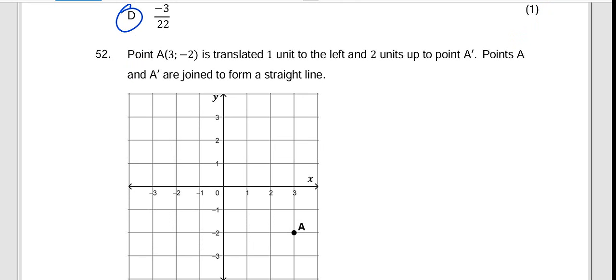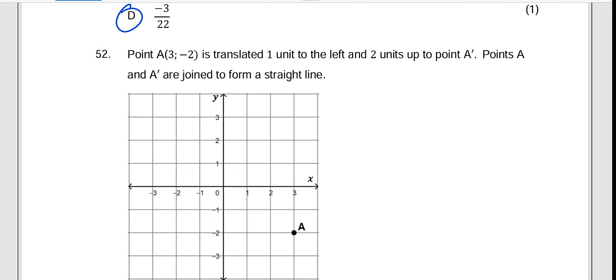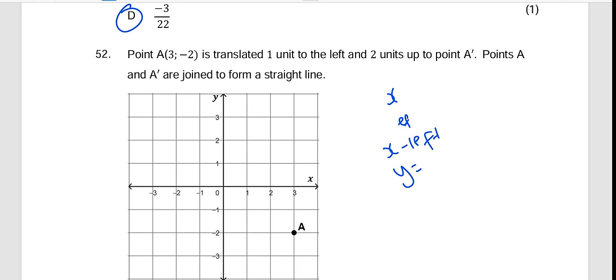Point A, 3 and -2, is translated 1 unit to the left and 2 units up to point A prime. Points A and A prime are joined by a straight line. Which equation represents the straight line? It's translated 1 unit to the left, guys.